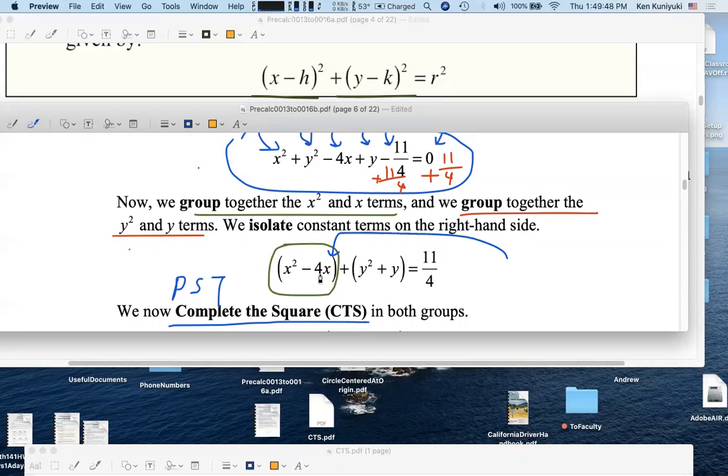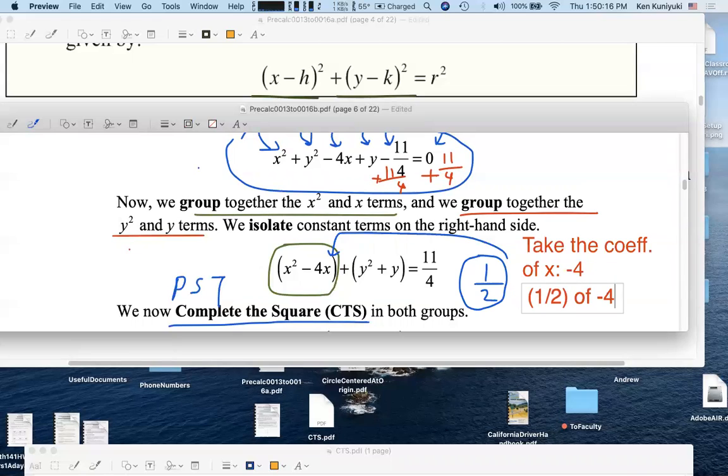You take the coefficient of x, which is negative 4. You take that and you cut it in half. Half of negative 4 is negative 2.